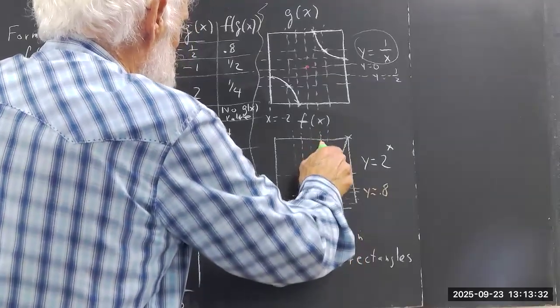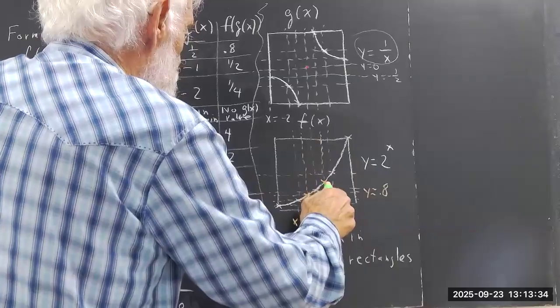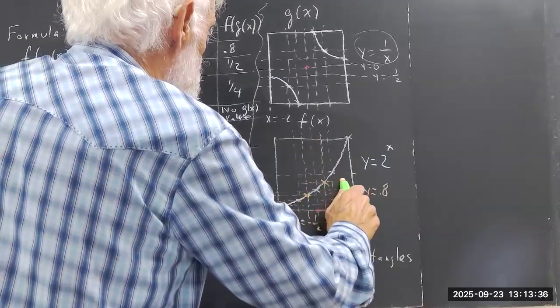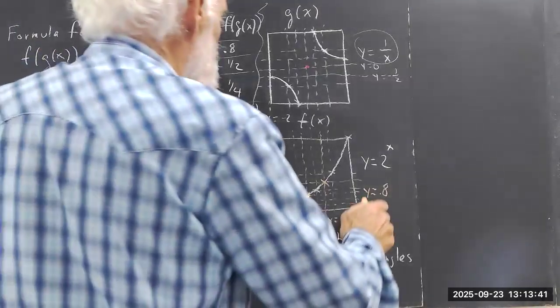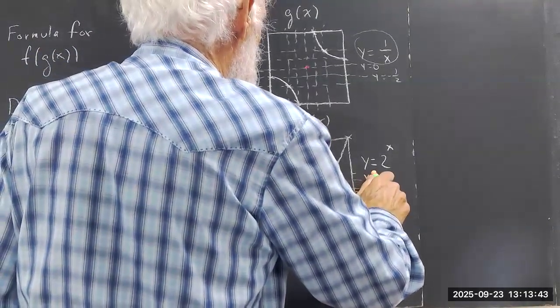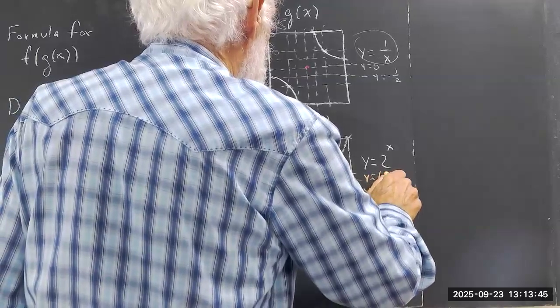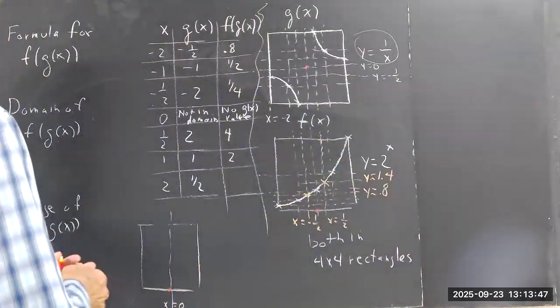I'm writing it kind of tiny, but hopefully you can see the line. Here's where we intersect the graph. And it looks like a little closer to 1 than 2, y equals 1.4.